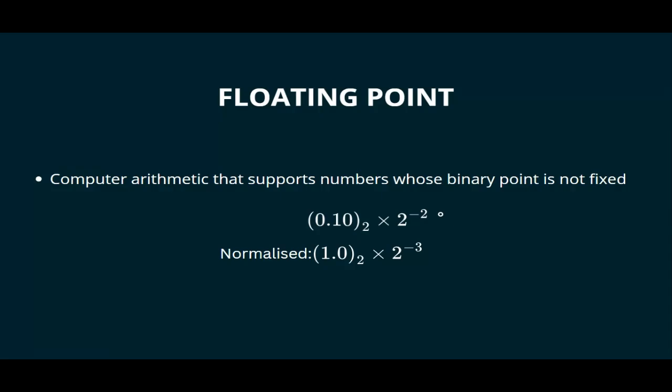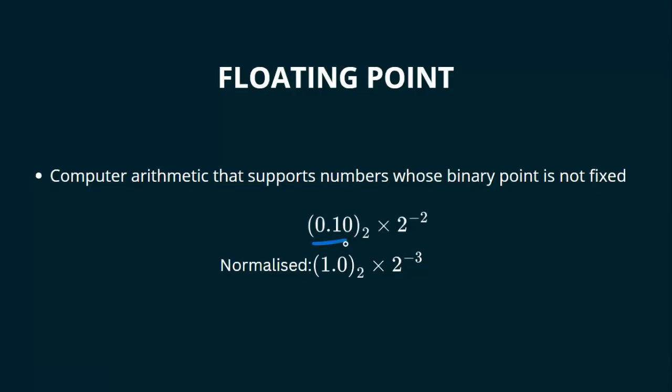To keep a binary number in normalized form, the binary point needs to be shifted. For example, consider a number like this. It is not in its normalized form. For a number to be normalized, it should have no leading zeros.